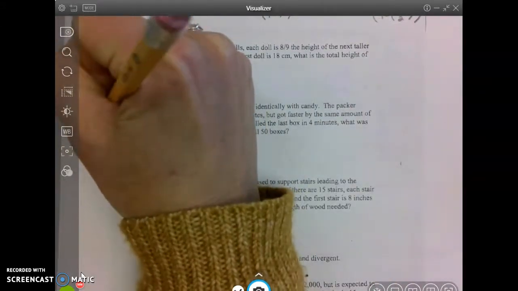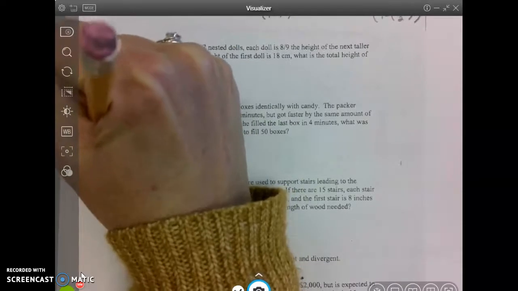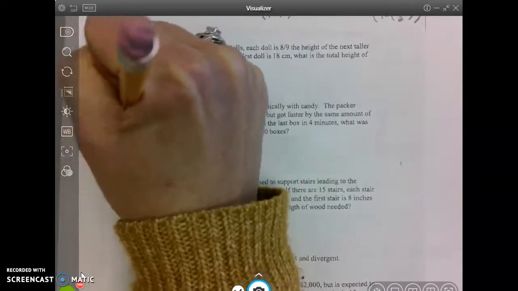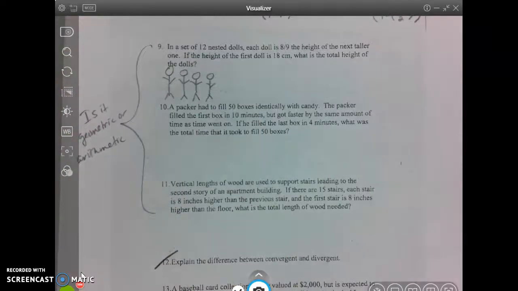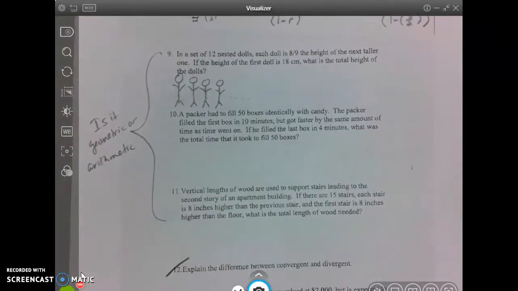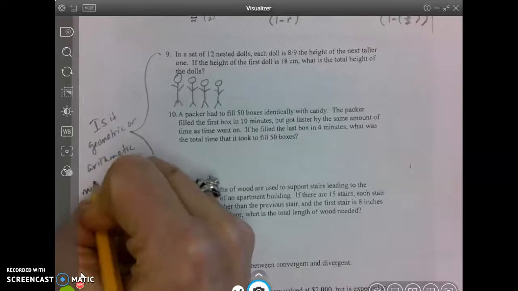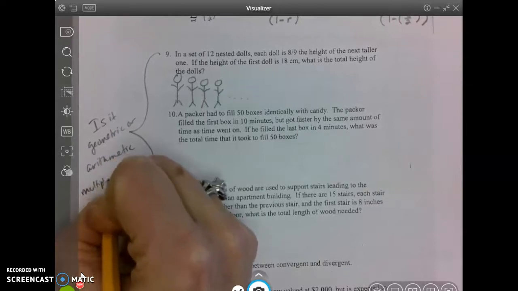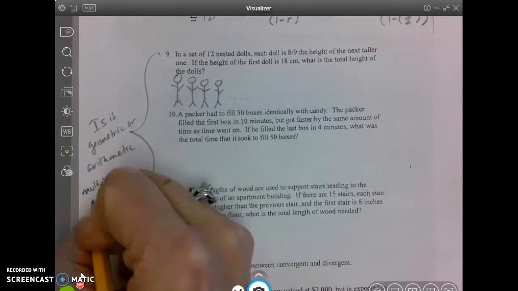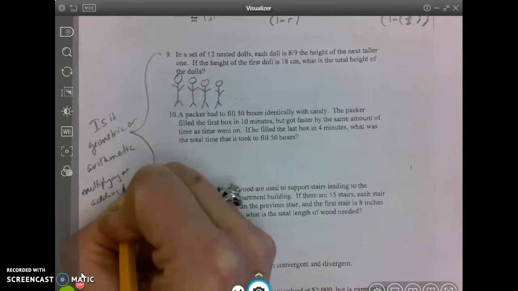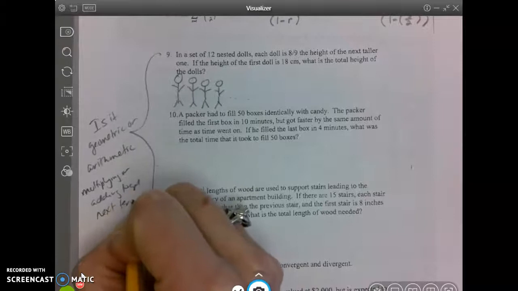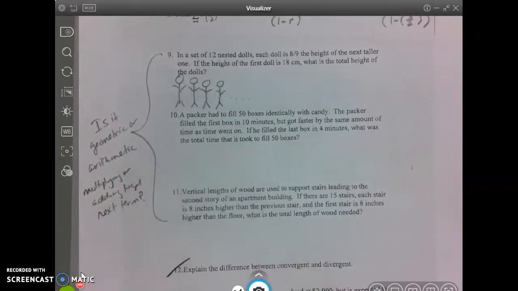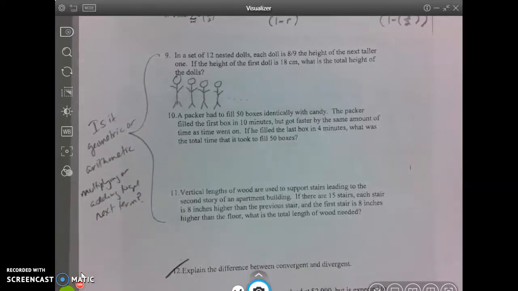Is it geometric or arithmetic? In other words, am I multiplying to get my next term or adding? That's really the question you're asking yourself.